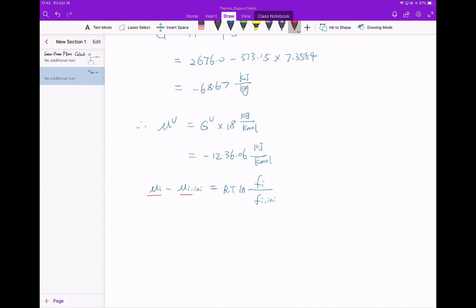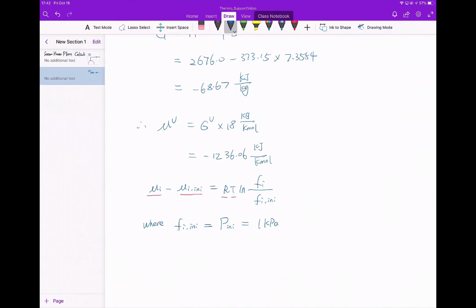I have calculated the initial. R is the gas constant, T is the known temperature, 100 degrees C. Now f_i initial is what? It is my P initial. Here's my 1 kPa.